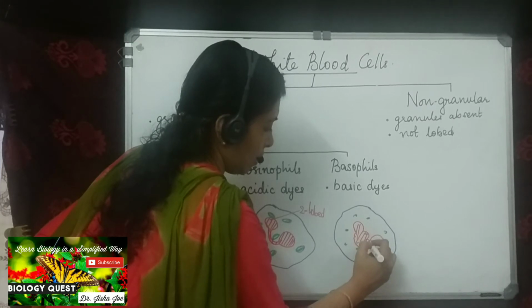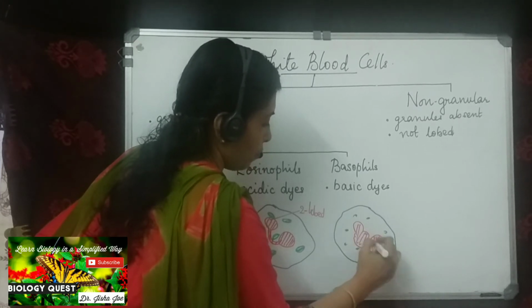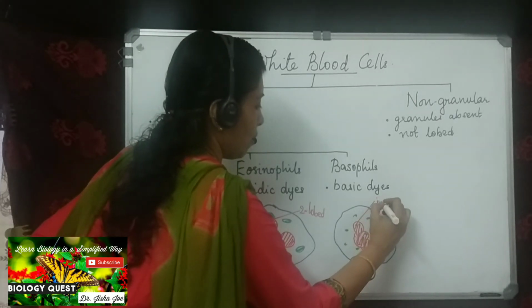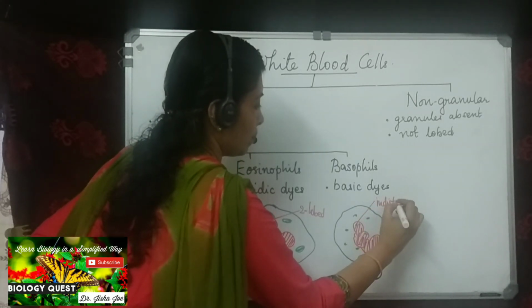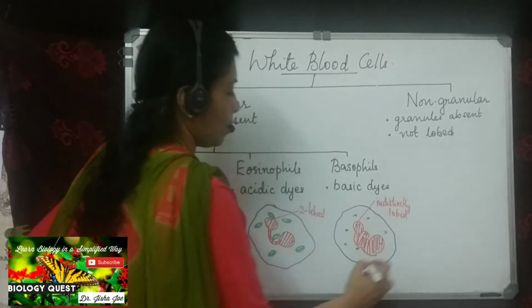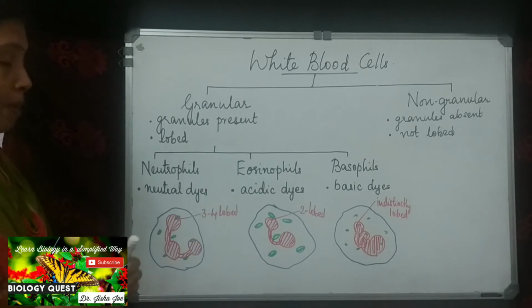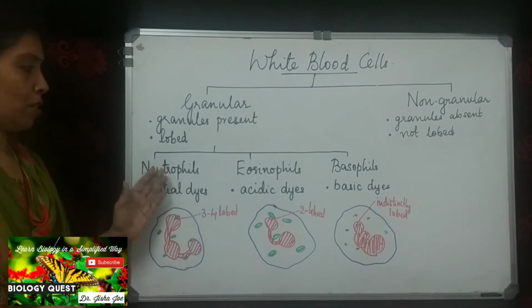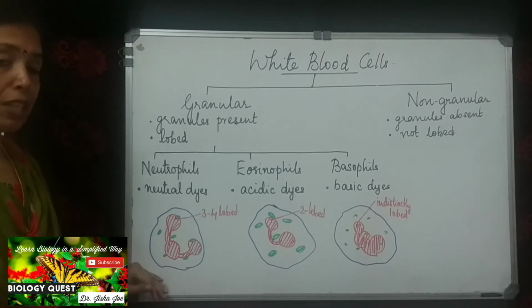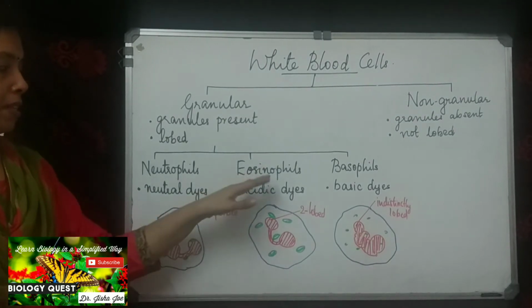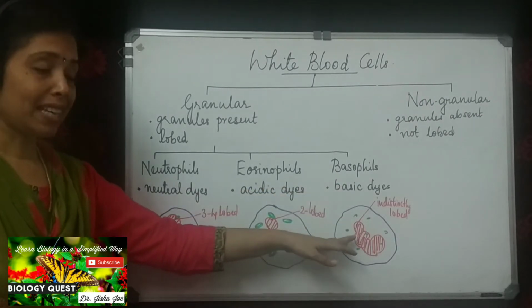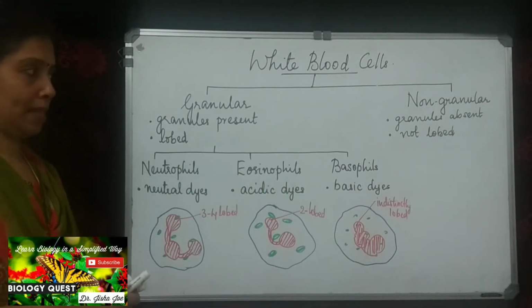We cannot clearly distinguish the number of lobes. So that is with regard to the 3 types of granular WBCs. Neutrophils have a 3 to 4 lobed nucleus, eosinophils have a 2 lobed nucleus, and basophils have an indistinctly lobed nucleus.